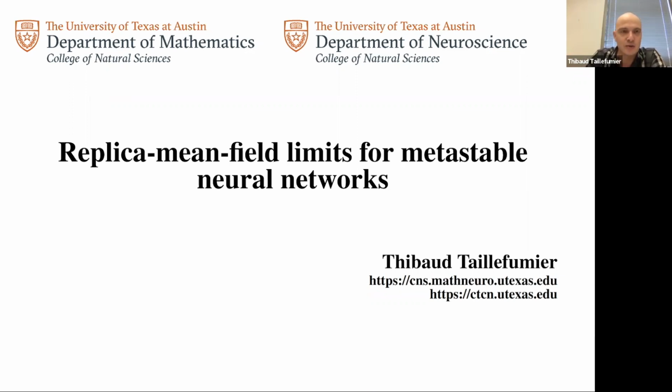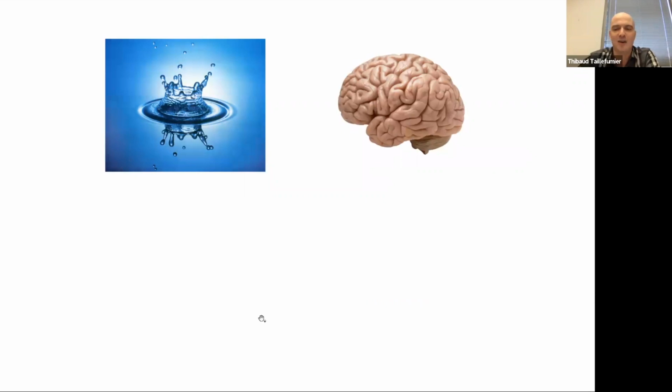But before I get into more details, I just want to make a little forward. As mentioned by David, I'm in between two departments, so I do math and neuroscience. I just want to be clear that when I apply math to a system as complicated as the brain, I'm somewhat humble.